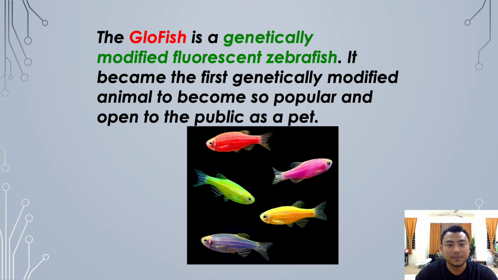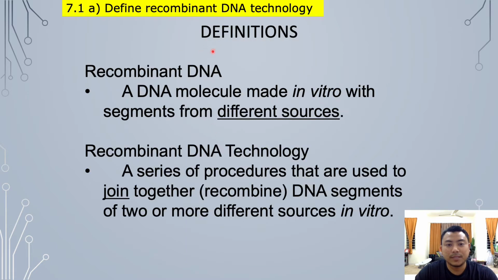For the definitions, recombinant DNA is a DNA molecule made in vitro, i.e. in the lab, with segments from different sources, i.e. different sources of DNA.